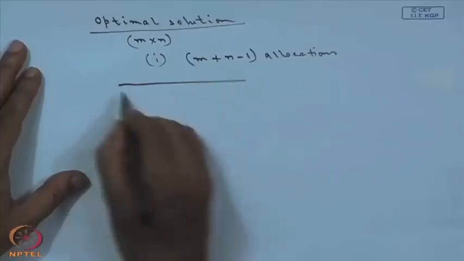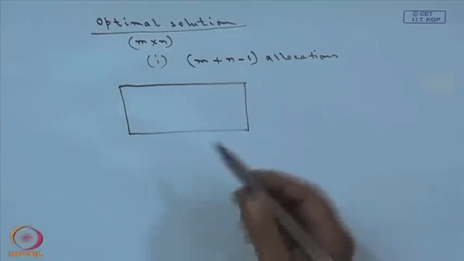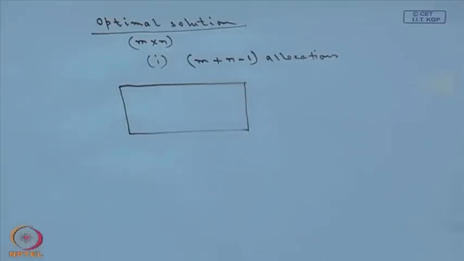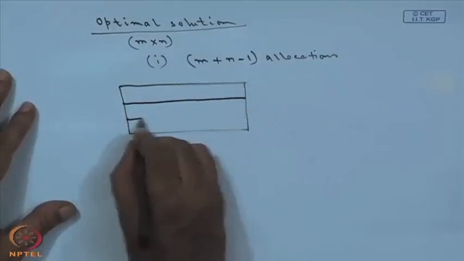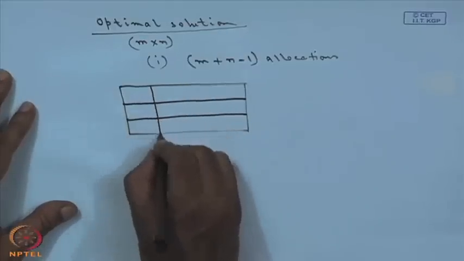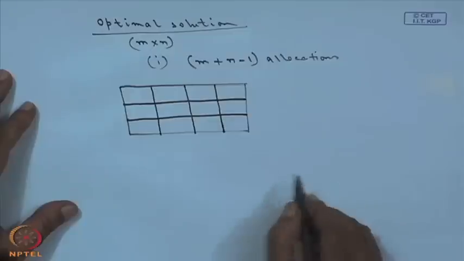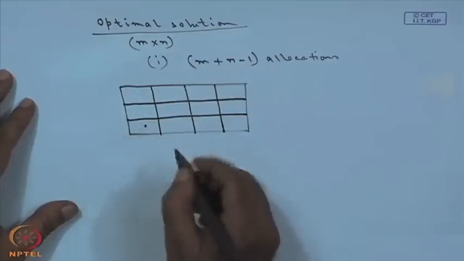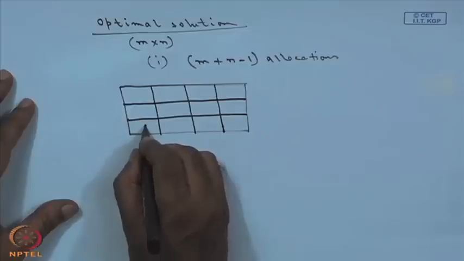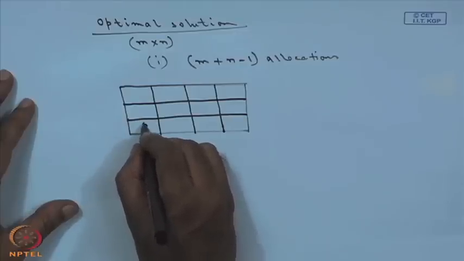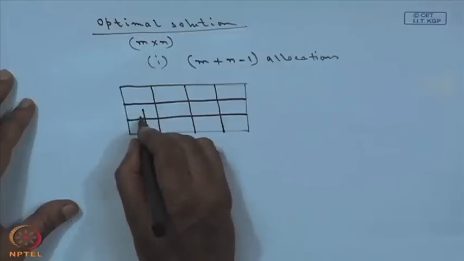Let me take one example, a 3 by 4 matrix, something like this. This corresponds to the cell 3 1, as you know. From here I am moving to cell 2 1.